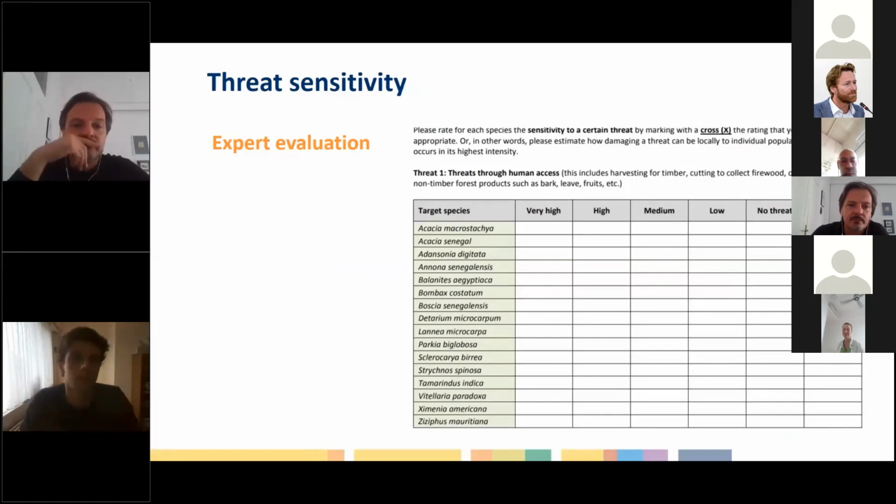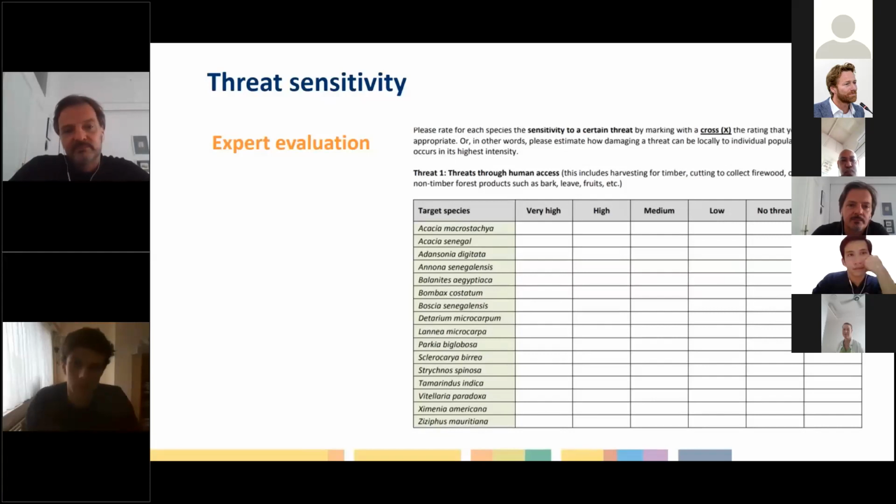So they asked local experts, or experts of local flora, to assess the sensitivity of each of the species towards each of the studied threats, with a table like you can see on this slide. And this has the advantage that it's relatively easy to implement, and also that it can capture all the aspects that may be included in the concept of sensitivity.